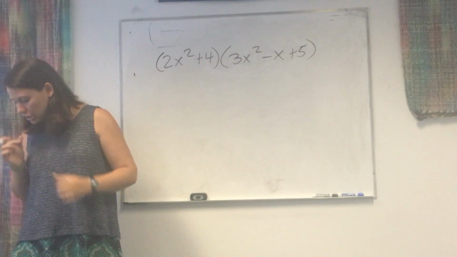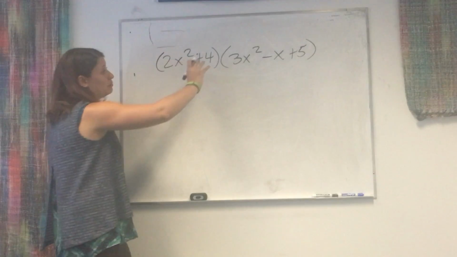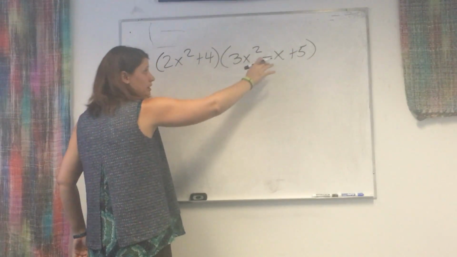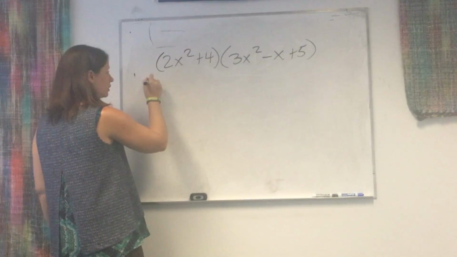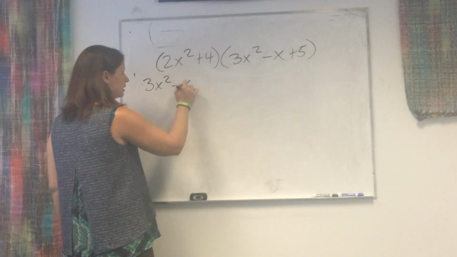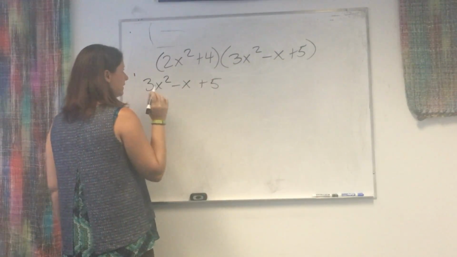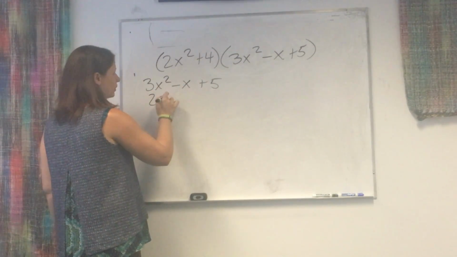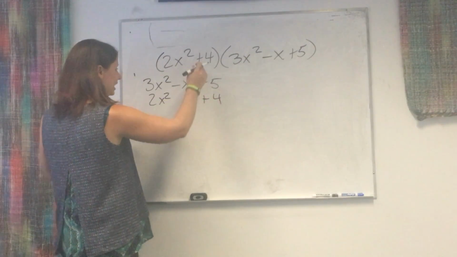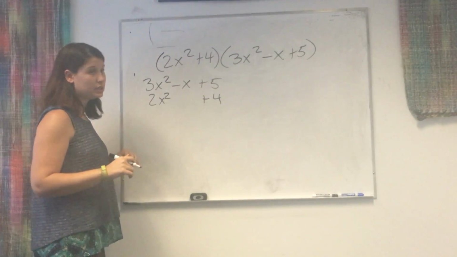So what we want to do is write out the bigger one first. See how this has 3 terms? So we want 3x squared minus x plus 5. Then write 2x squared plus 4. Line up the like terms just like we did with the addition.